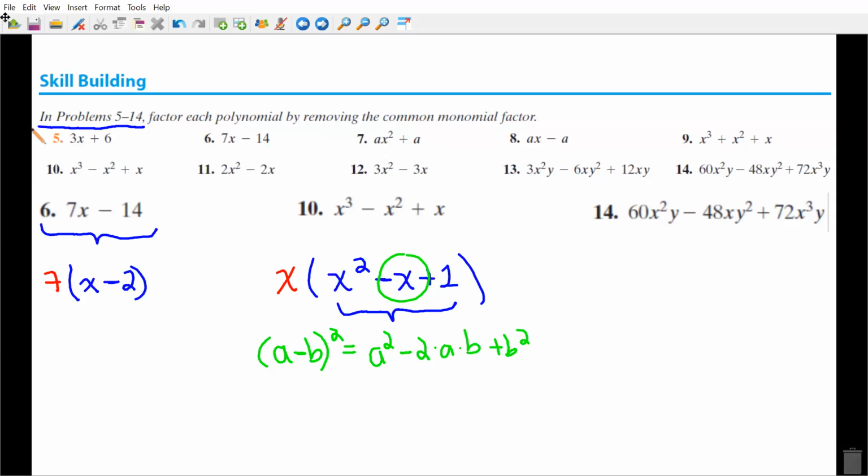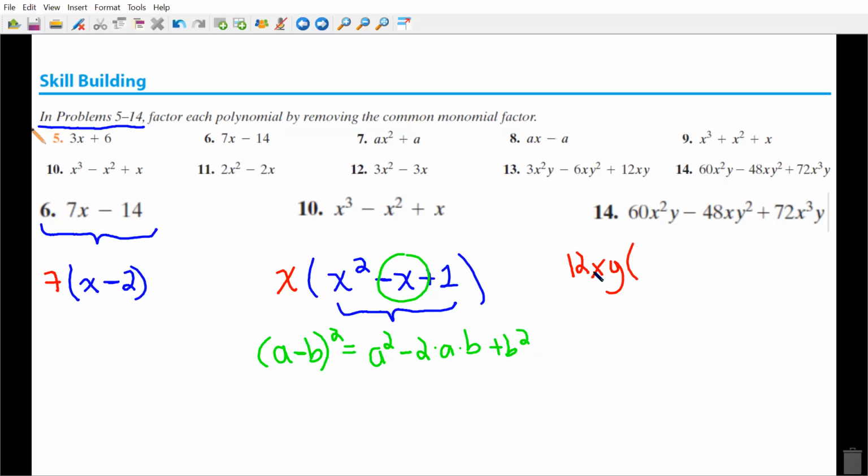What about exercise number 14, guys? Greatest common factor? 12, I think. 12? Only 12? No, 12xy.